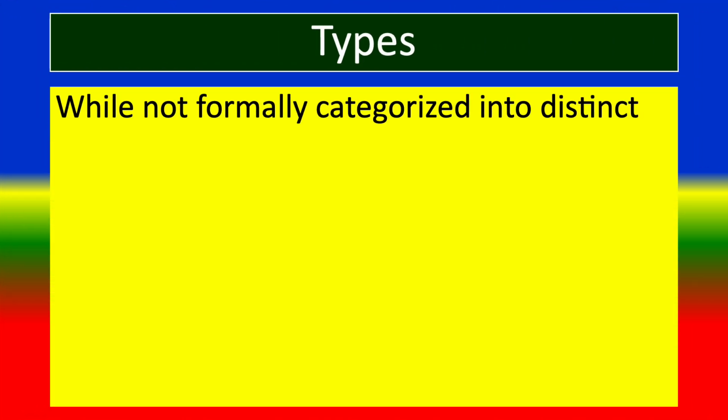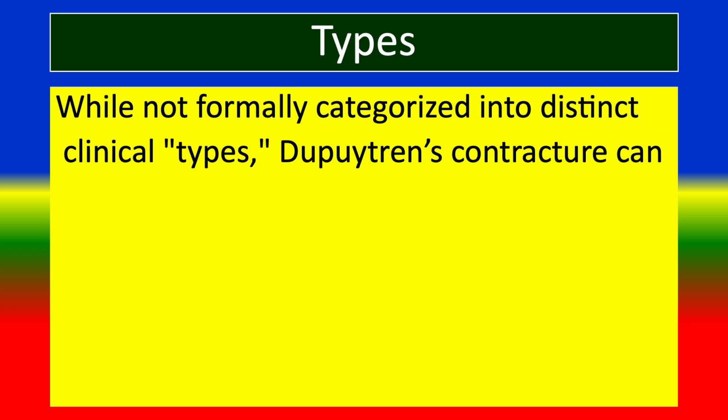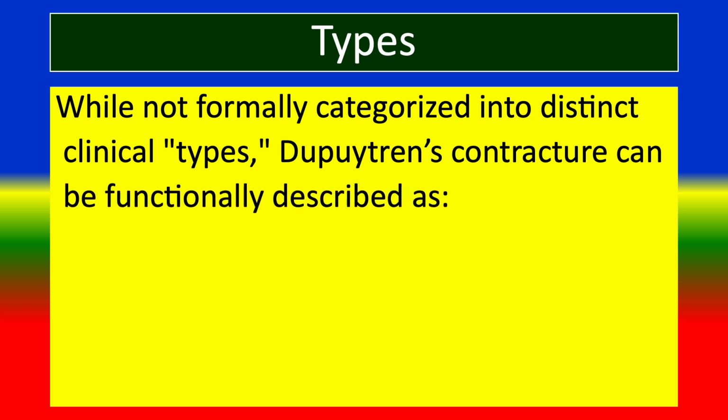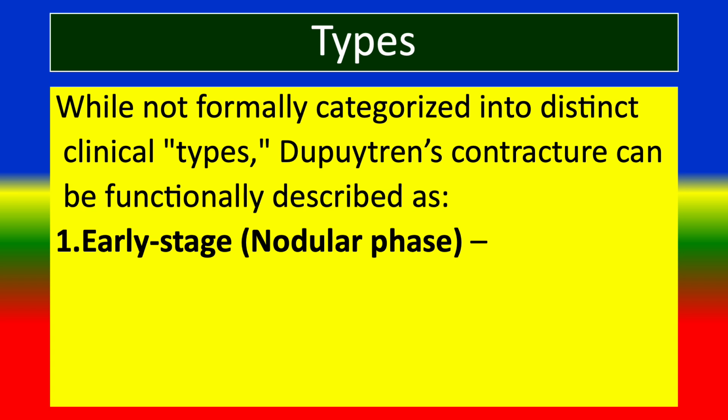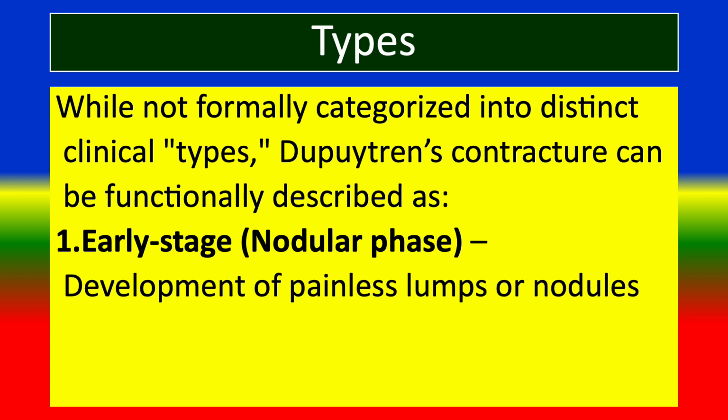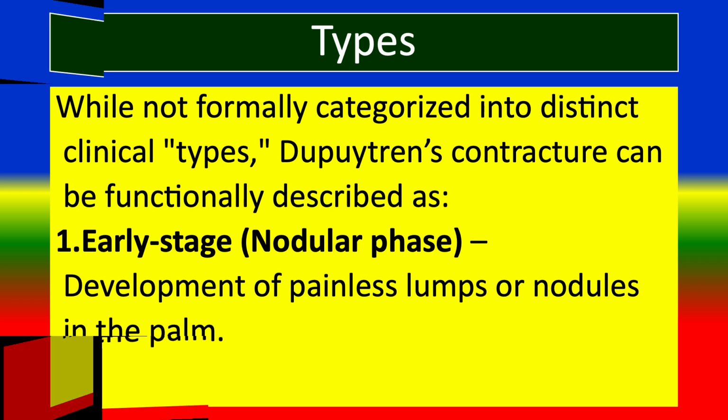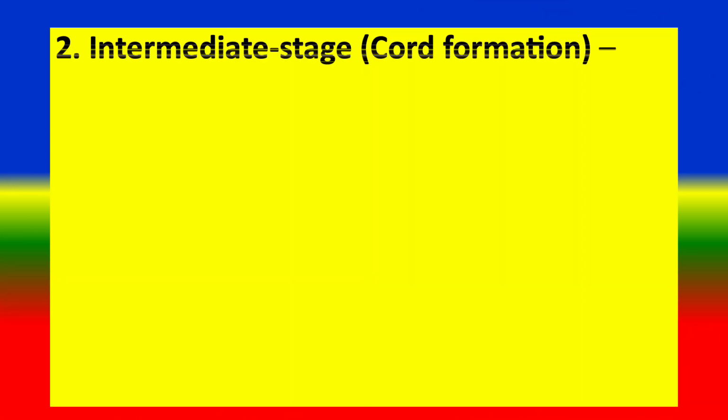Types. While not formally categorized into distinct clinical types, Dupuytren's contracture can be functionally described as: 1. Early stage, nodular phase: development of painless lumps or nodules in the palm. 2.